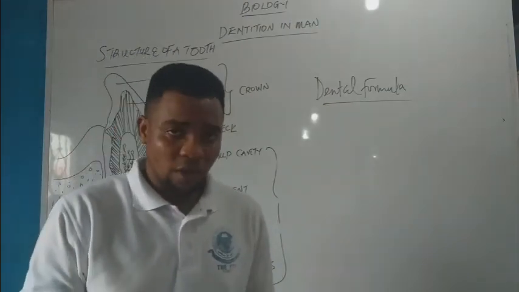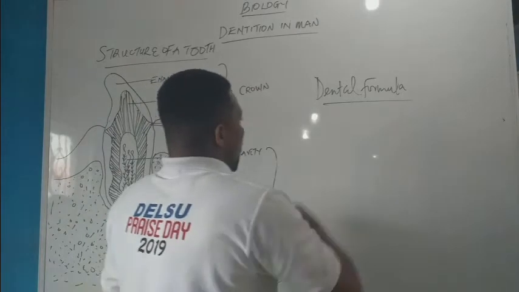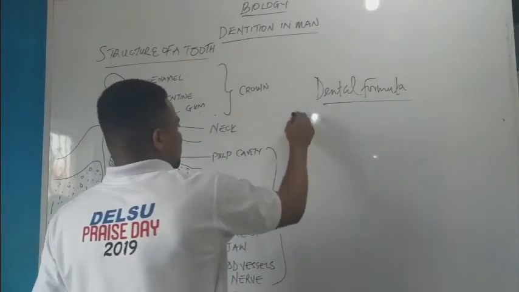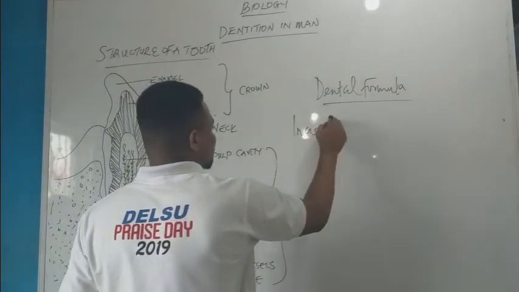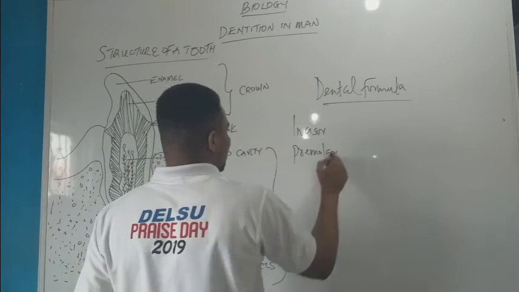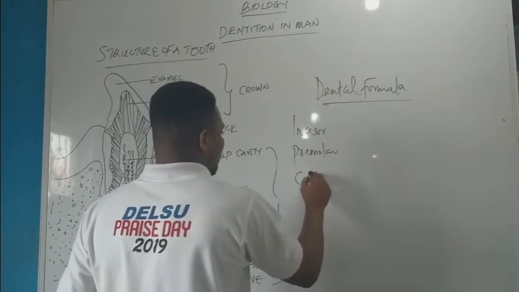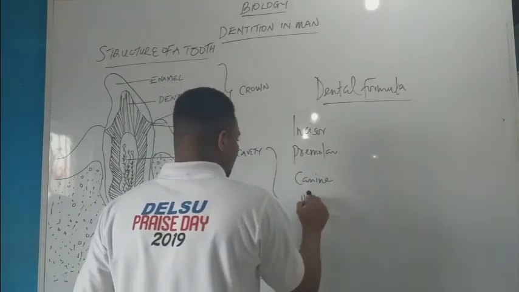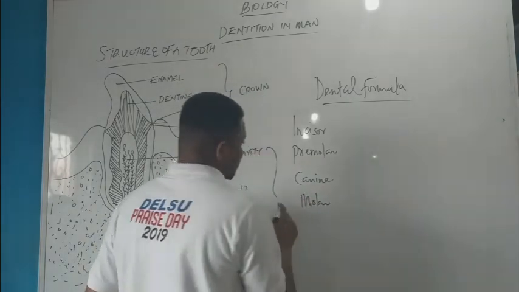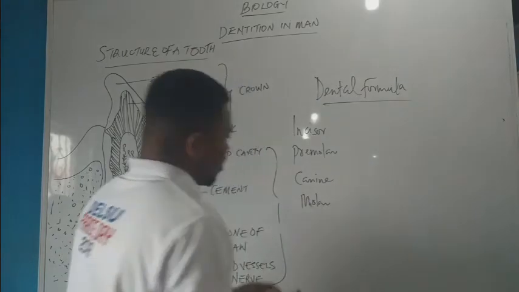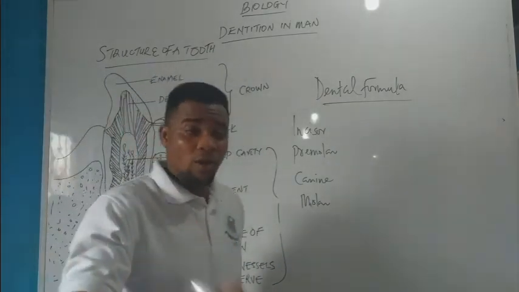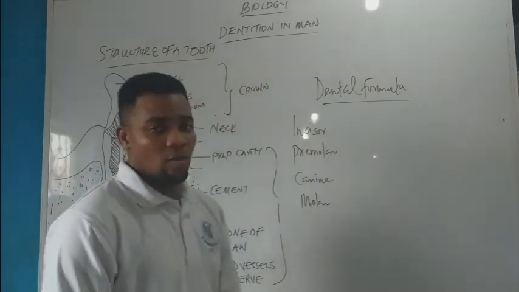Under the dental formula, we have the following set of teeth: incisors, premolar, canine, and molar. Now, I will list out their formula for you.